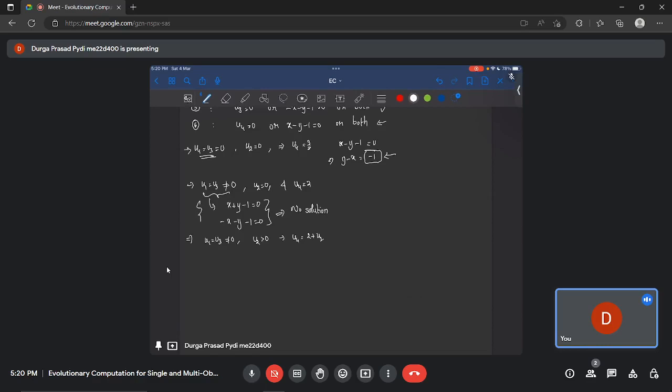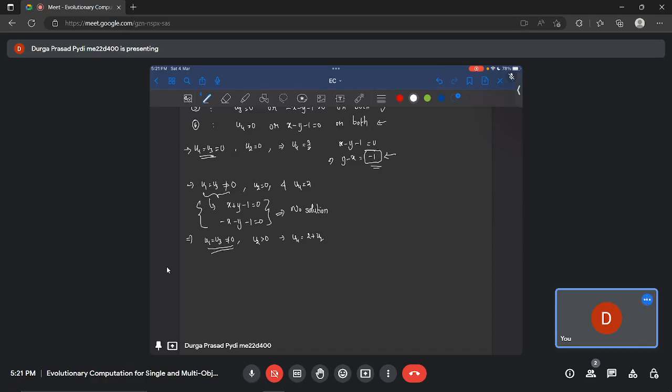So when you have u1 equal to u3 not equal to 0, you will be left with these two equations, which you will not be able to solve since they are a set of parallel lines. So you are again left with no solution. So the only solution is this particular value. As you can see again, we are only obtaining the optimal value here. We do not know which particular value of x comma y will give us this optimal value.